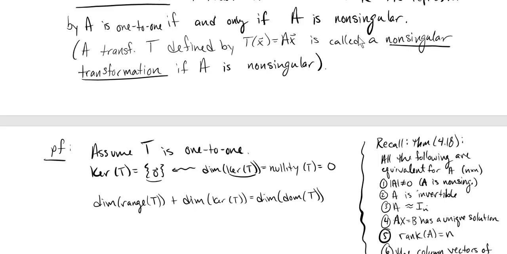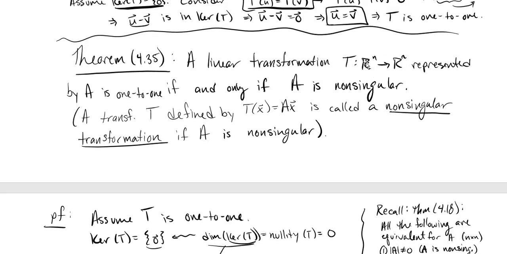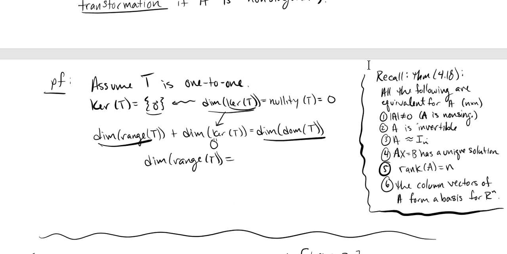Right, so if the dimension of the kernel, the nullity, is 0 here, it really means that the dimension of the range equals the dimension of the whole domain of T, but in this case, remember, the domain was Rn. So the dimension of Rn is n.